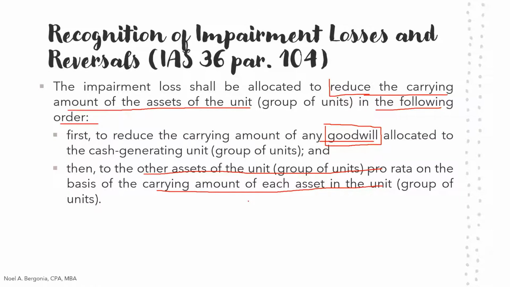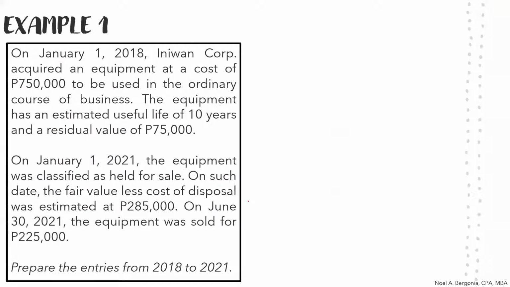Okay, so let's give an example muna para maintindihan natin yung na-discuss natin. Okay? Sige. So let's have example 1. You are asked to prepare the entries from 2018 to 2021. So on January 1, 2018, Iniwan Corporation acquired an equipment at a cost of 750,000. This is the original cost to be used in the ordinary course of business.